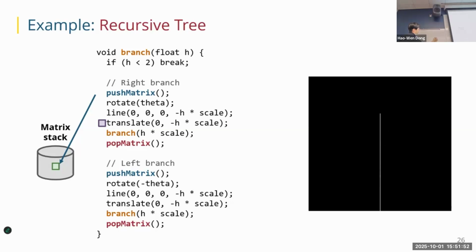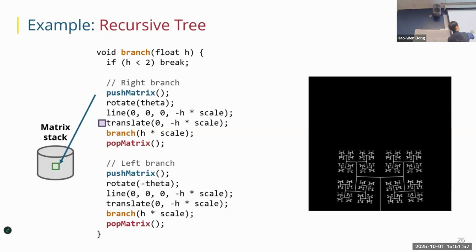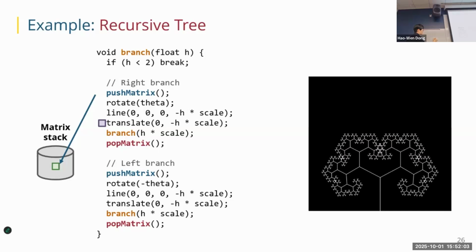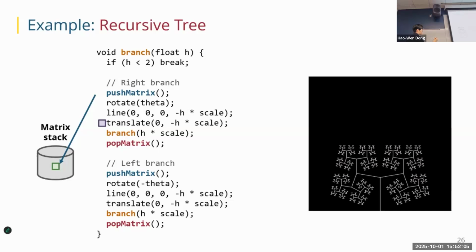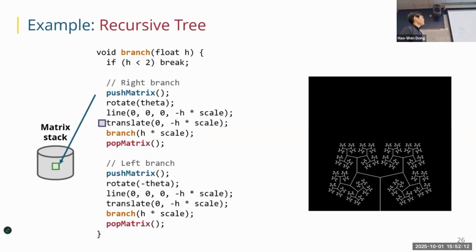So you rotate this thing. And now you do this branch edge scale. If you do this line thing, so you actually grow a branch here. And then you would do pop matrix.